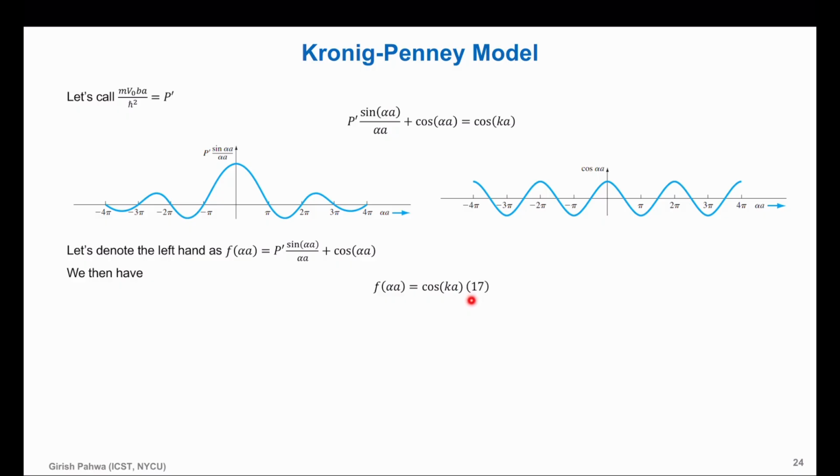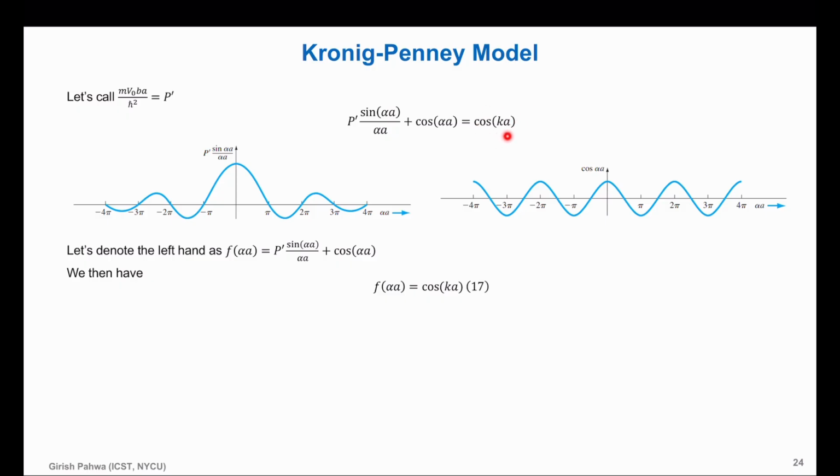Now let's try to sum this up and find out the allowed values of energy. My k is almost continuous, I know that. Yes, it is discrete in the sense that it is 2 pi n by Na, but a very small distance. So I can assume that k is almost continuous, an independent variable varying from minus infinity to infinity.